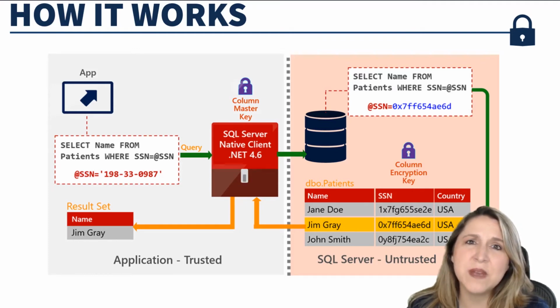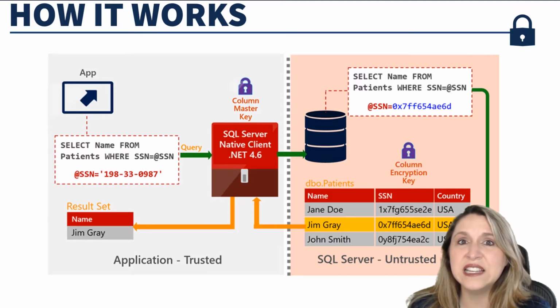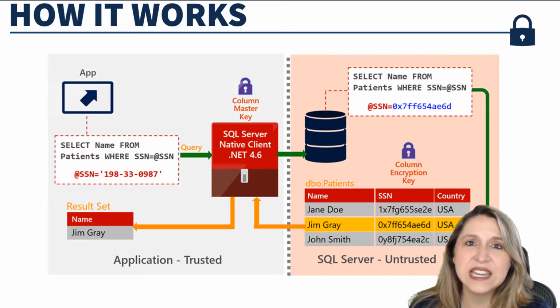The database is going to query the information and return the data still encrypted when it's doing all of its processing. It's not until the column encryption key is opened with the master key that the data gets converted in the driver. Then it will return the result set to the application.